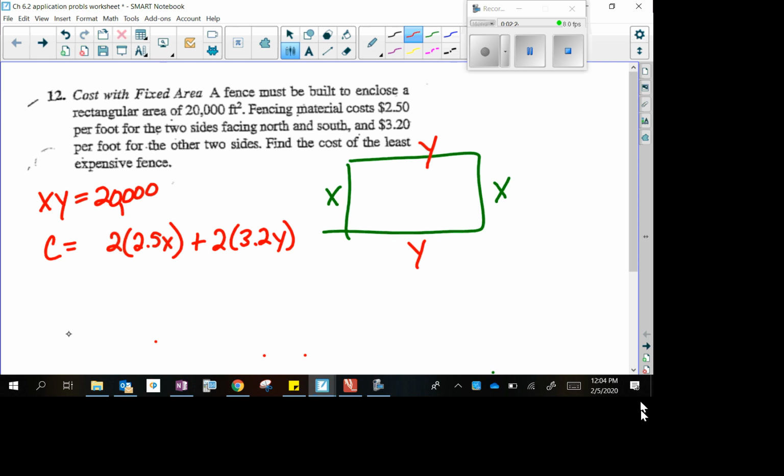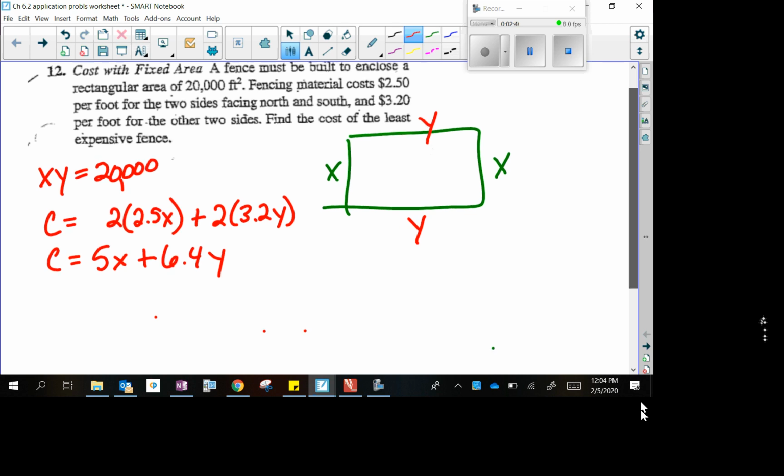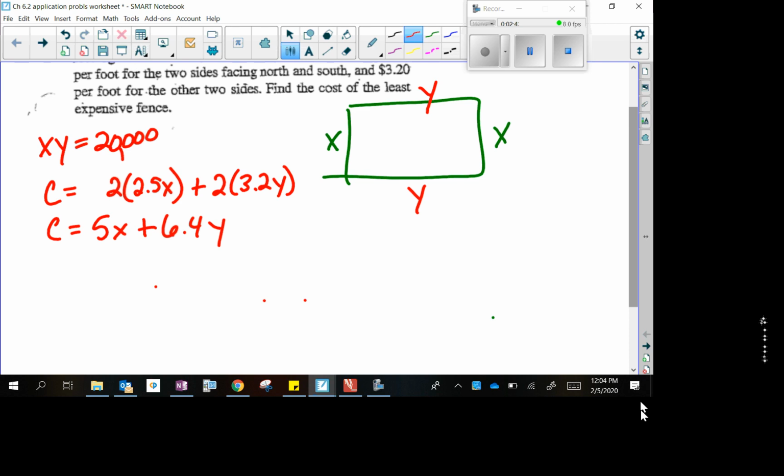So if we simplify that, first of all, 2 times 2.5 is what? 5x plus 2 times 3.2, 6.4y. Okay, now what's next? Since this is what we're going to minimize, we need to rewrite this in one variable. So x equals 20,000 divided by y.